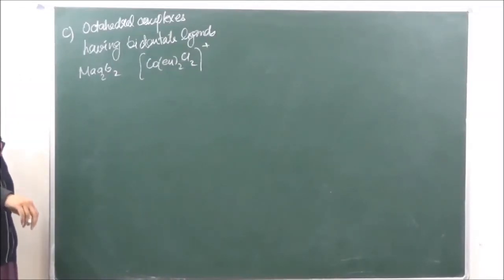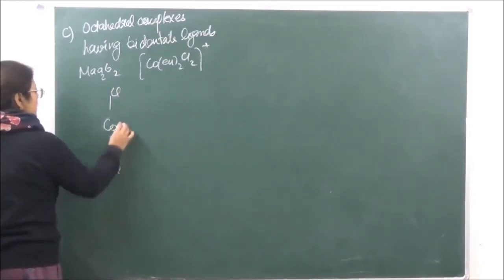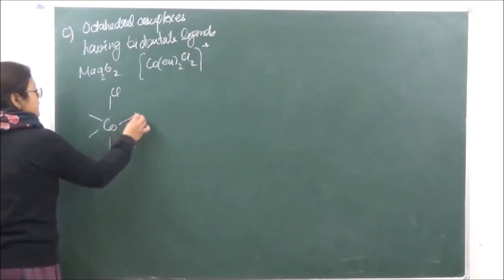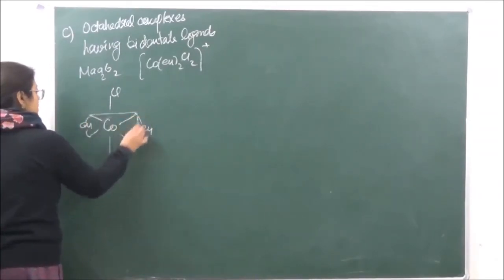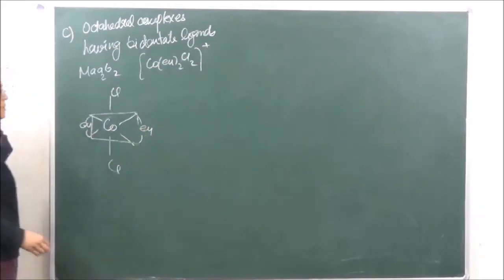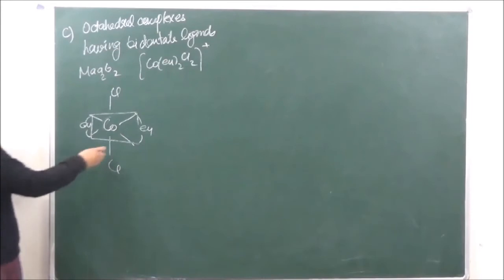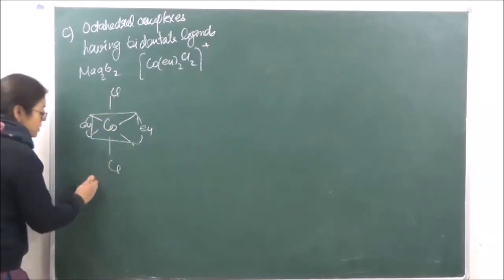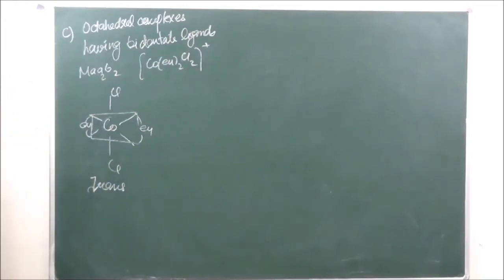Okay, so when we draw this, in this case, if the chlorines are at opposite positions, that is, we have over here cobalt, chlorine, chlorine, and ethylenediamine will be shown like this because it is a bidentate ligand. So over here chlorines are in opposite positions. So this is going to be the trans isomer.